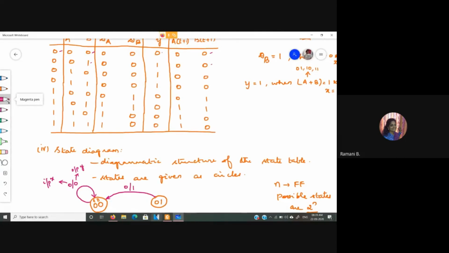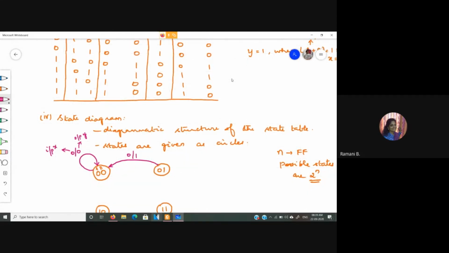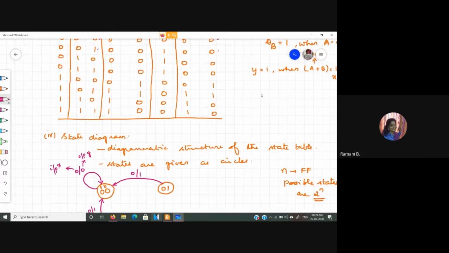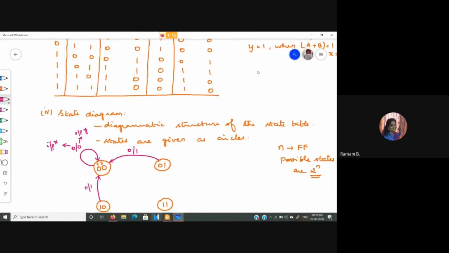Then for 1 0, input x is 0, output y is 1, and the next state is 0 0. Next for 1 1, again for input 0, output is 1, and next state is 1 1, so input is 0 and output is 1.